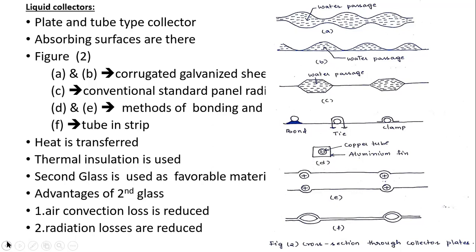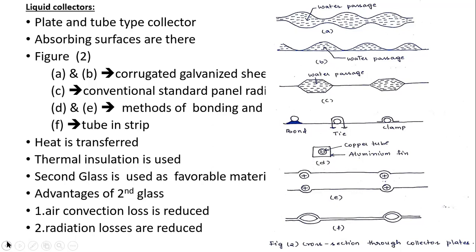In these types, we are having 1 or 2 covers. In some cases we can use 1, or if needed we can go for a second cover. These have ranges of 1.5 to 3 centimeters of spacing. If you use only one glass, we will have some disadvantages.